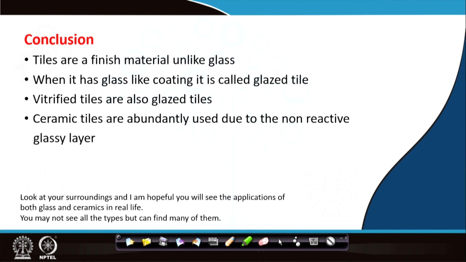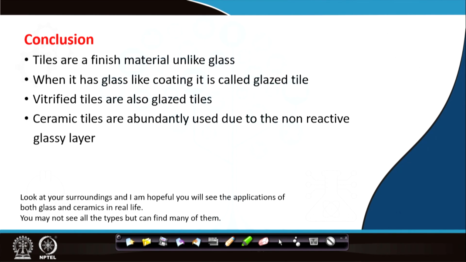But yes, vitrified tiles are replacing stones and they give a grand look. But yes, the slip resistance, the ease of movement, water, chemical actions, all these things are to be considered, the kind of traffic is to be considered before we finish this lecture.